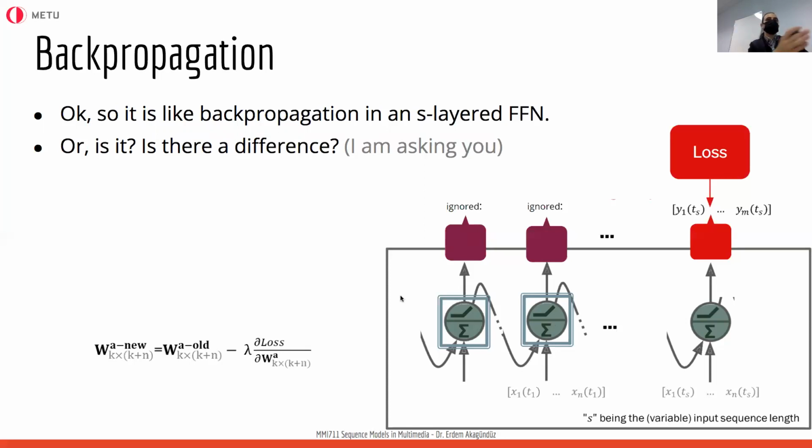Because LeNet is not a directed acyclic graph. It is a serial graph. There are different types of layers, but in the end, you have a serial connected network. It could be VGG or other serial networks. Is there a difference? Any ideas? Anybody would like to make a comment?